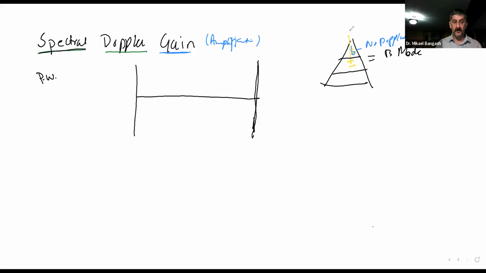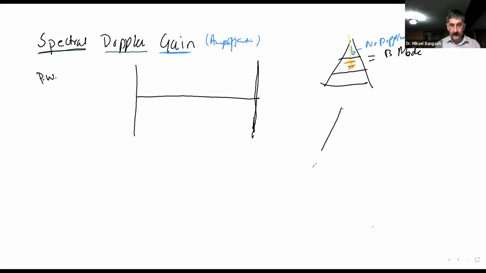So the first thing to do here is make sure that your sample window is inside the blood vessel. Did you guys get that? Good.